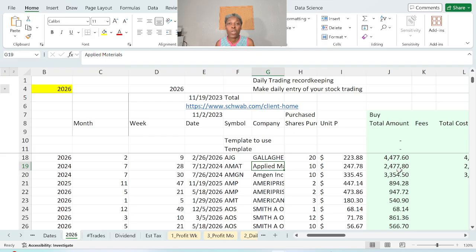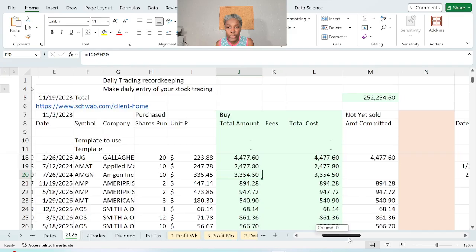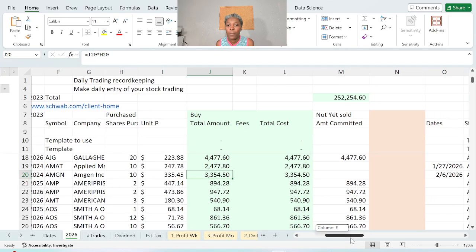Pulling the transaction history from your brokerage account, you'll be able to have those numbers and use them. And for the total, I put a formula there to do the multiplication for me. That way I won't have to hand type every number that I'm finding on the transaction report that I pull out, but just the number of shares and the price.